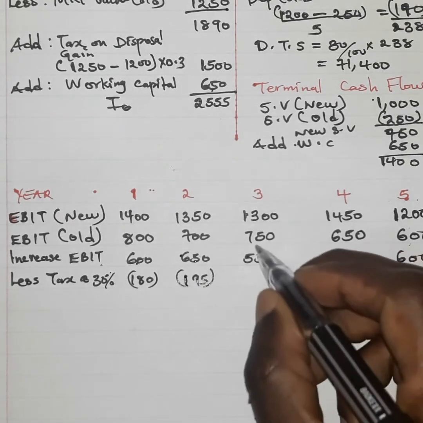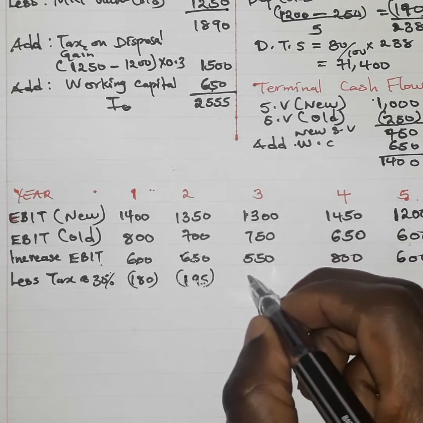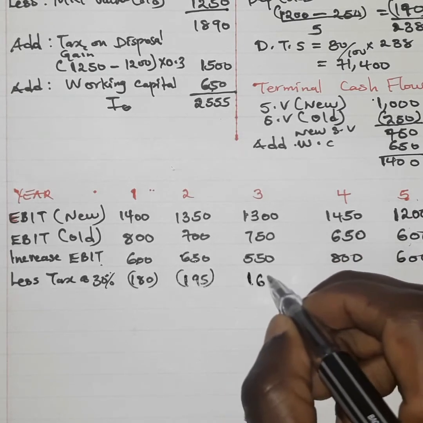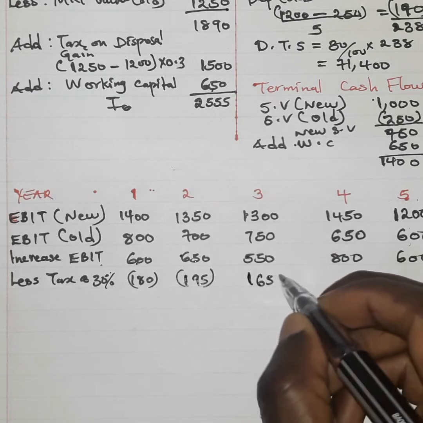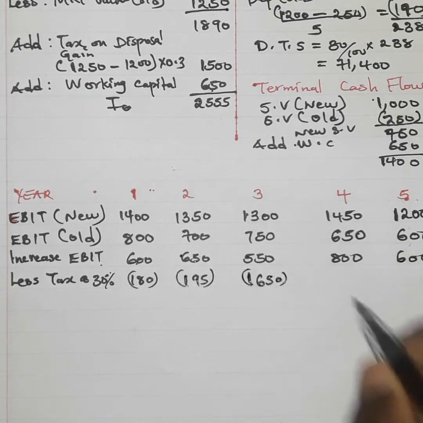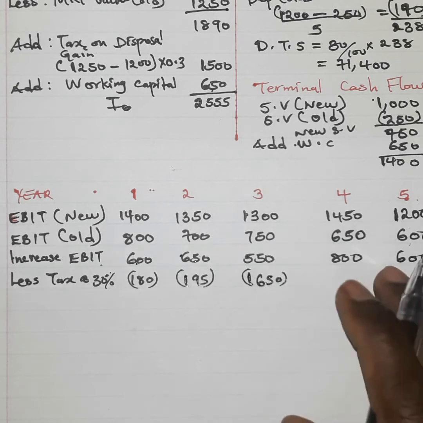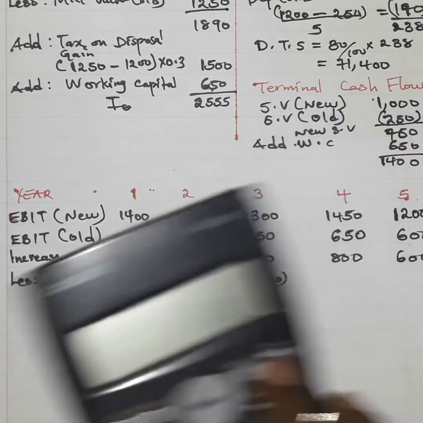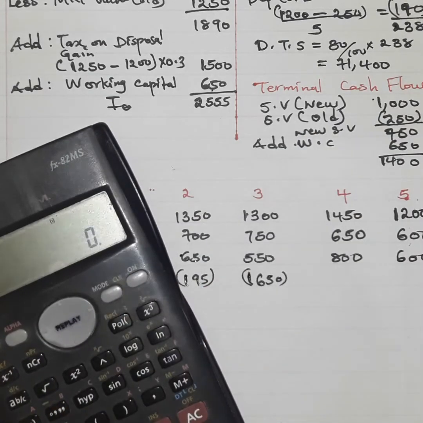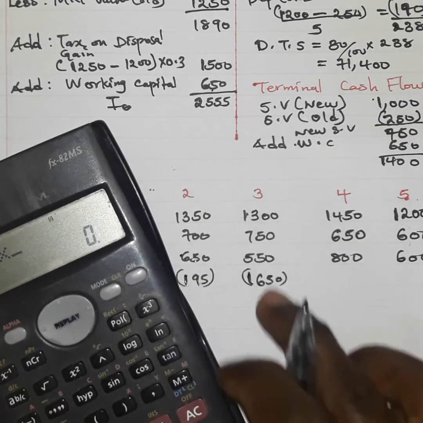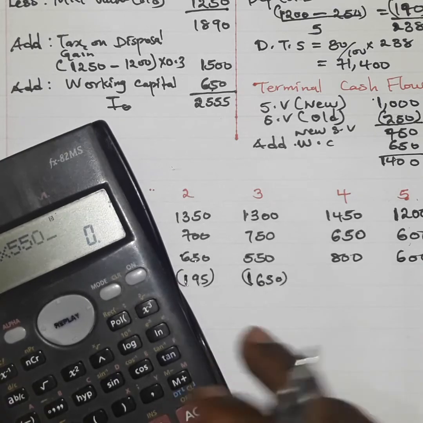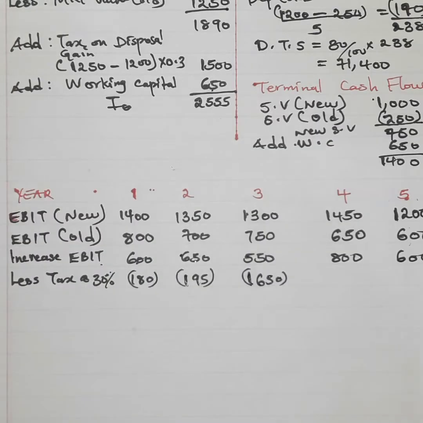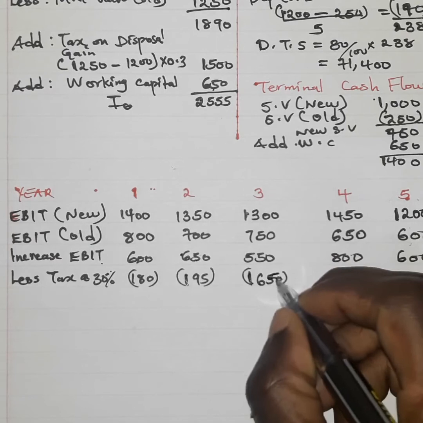Then here we have 30% of this one, which is supposed to be 165, will be subtracted. Let's get 30% of that one: 0.3 times 550 is 165.